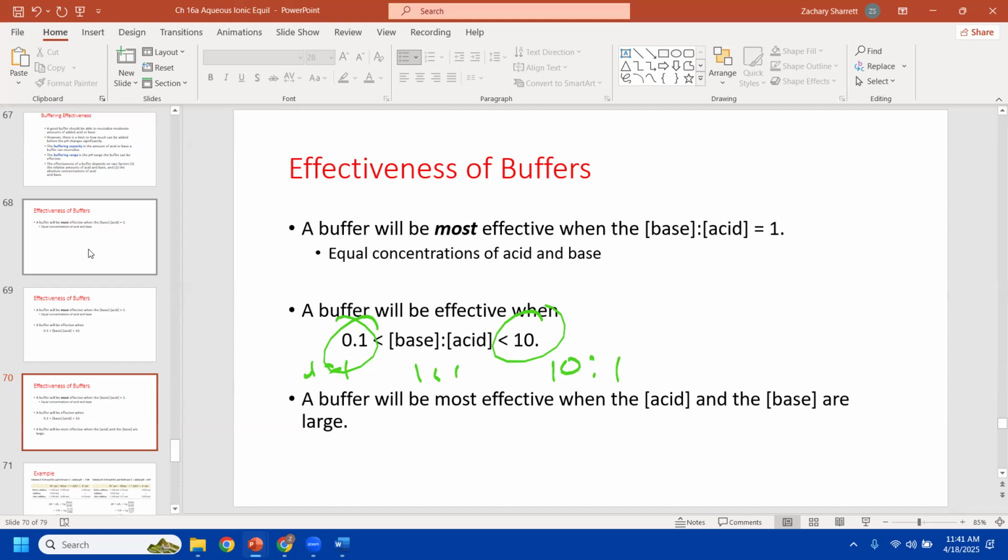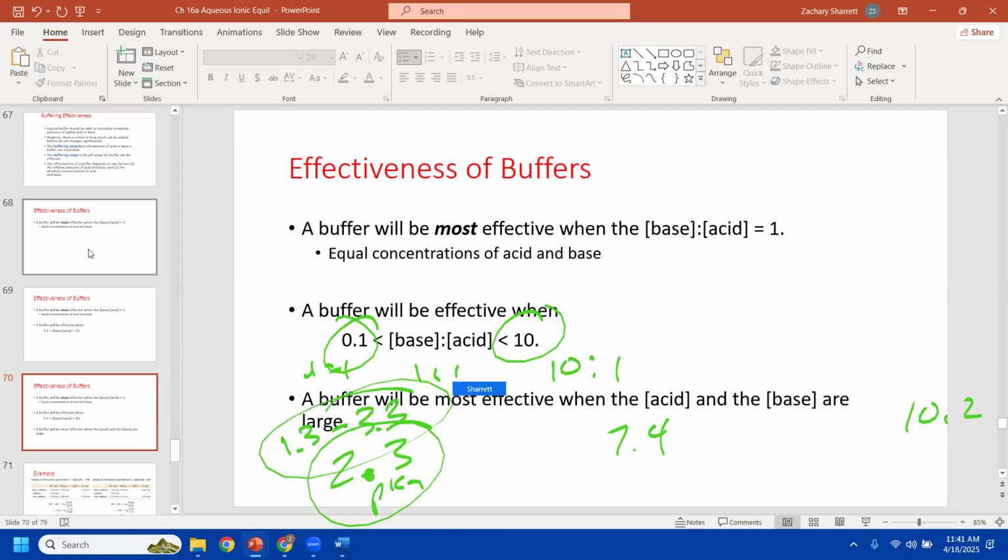So in lab, I think we had a pKa of 2.3, maybe a 7.4, and a 10.2. That means if you chose the first buffer, the pH should be between 1.3 and 3.3. This one should only be between 6.4 and 8.4, within 1 of either side. And this one should be between 9.2 and 11.2.